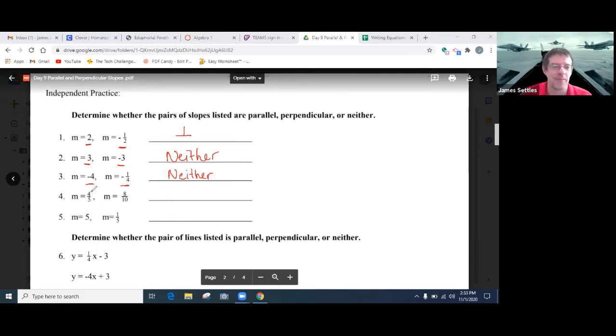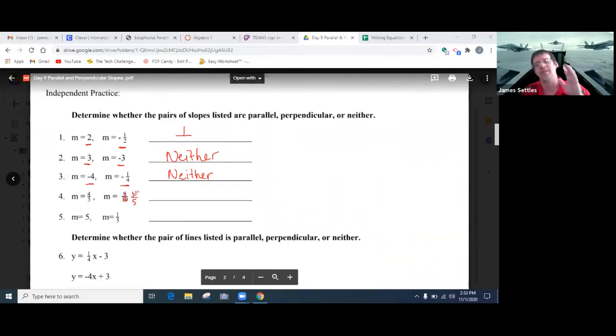Okay. All right. This one's tricky. Okay. 4/5 and 8/10. Well, it doesn't look like it has anything in common. Well, that's because this right here will reduce. And what I'm going to tell you is they usually do not do this. Okay. So this one's tricky. And normally they do not try to trick you like this. And so this right here reduces to 4/5. So this is how you'll always see it.